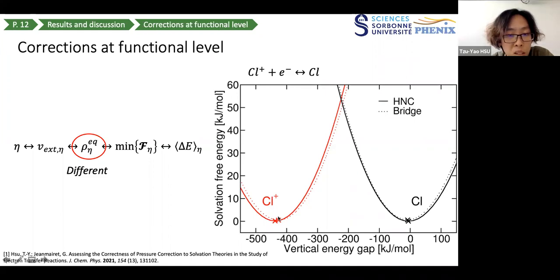But it should be mentioned that upon considering the bridge functional, we have different equilibrium solvent configurations. Thus, we will have a different vertical energy gap. And we have verified that these two new minima correspond strictly to the equilibrium solutions.